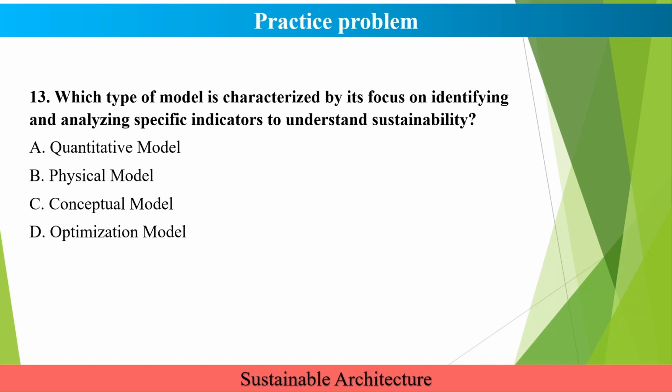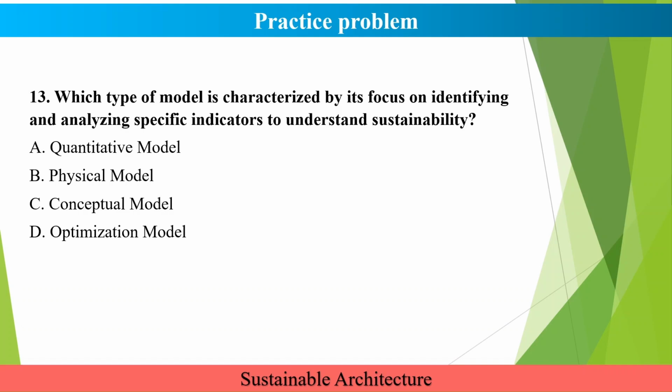Option B, physical model. Option D or option C. So if you have understood well the conceptual model and optimization model, then out of that you can choose one final answer to this particular question. It's D. Yeah. So option D is the correct answer.